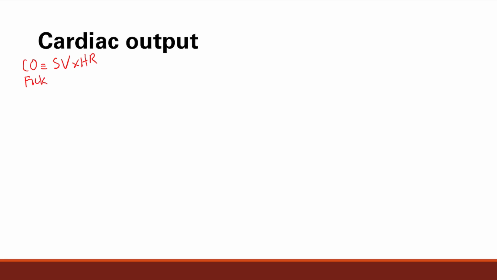And the Fick principle is that cardiac output equals O2 consumption over the difference between the arterial oxygen saturation minus the venous oxygen saturation. And I'm going to explain how we got this.